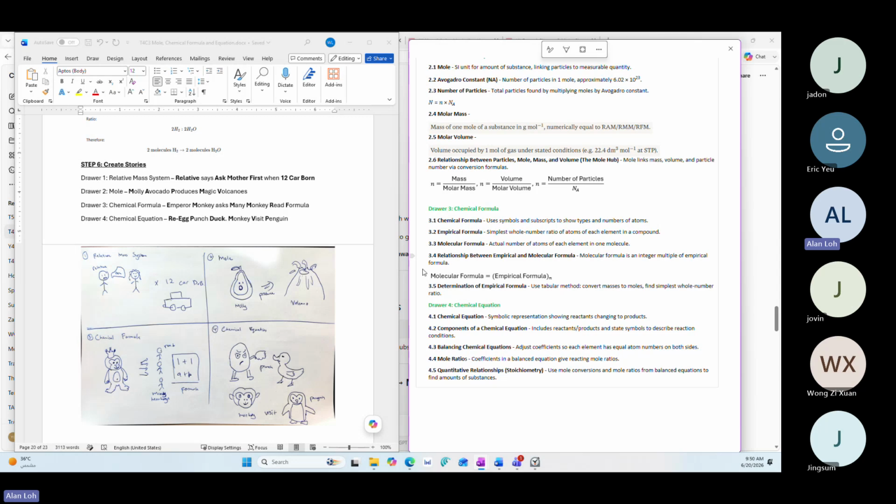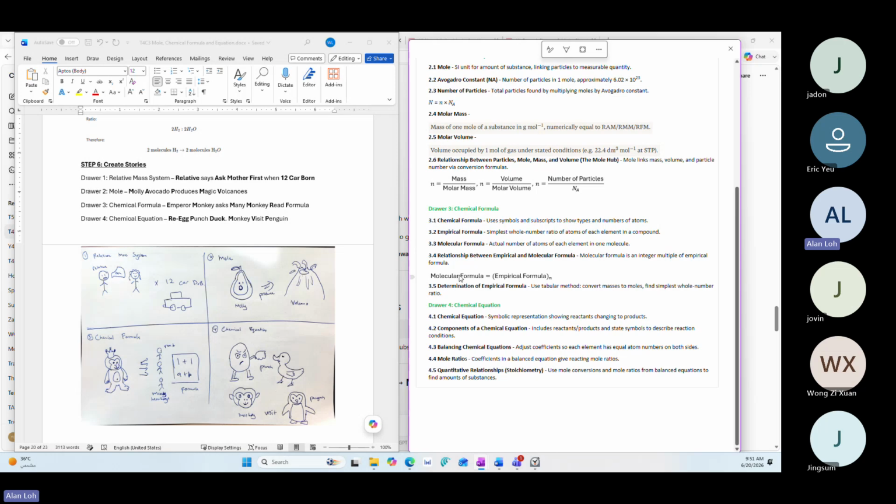Many and another MM. What is the MM? Let me think. Okay, I can't remember now because I created the story a while ago. Read formula obviously is to read the formula, right? Because you have chemical formula, you have empirical formula, you have this molecular formula.